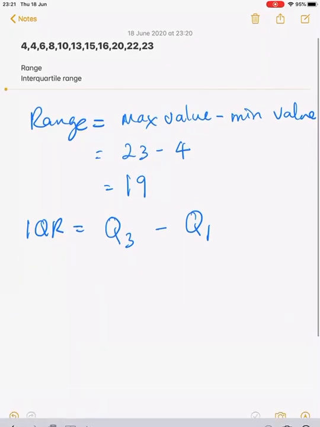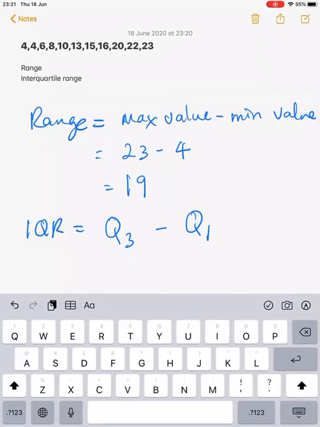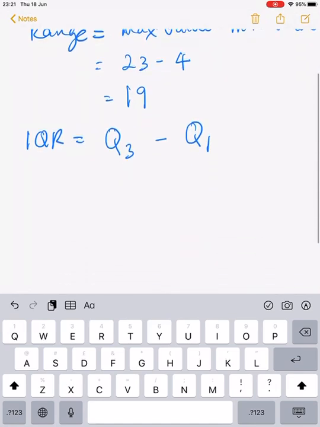How many numbers do we have here? 1, 2, 3, 4, 5, 6, 7, 8, 9, 10, 11. Yes, 11. So when you have 11 values, what's the value in the middle? It's the 6th value.